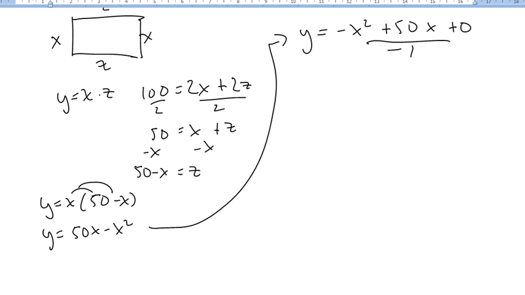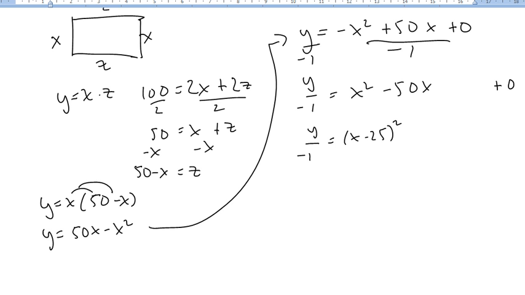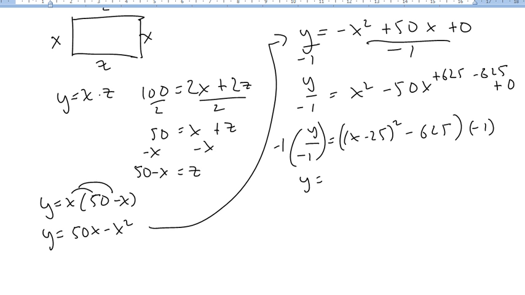Okay, let's get rid of that negative by dividing both sides by negative 1. I'll put my plus 0 way over there. So that's going to be (x minus 25) squared, so that's going to be plus 625 minus 625 up there. And I'm going to have minus 625 there. Multiply both sides by negative 1 to get y by itself.